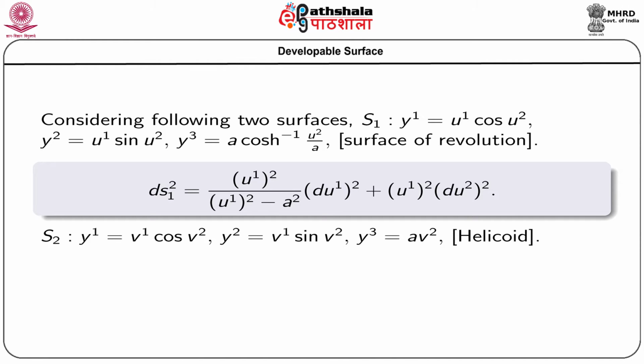Now, if we consider another surface, y1 equals v1 cos v2, y2 equals v1 sin v2 and y3 equals a v2, which is a helicoid.